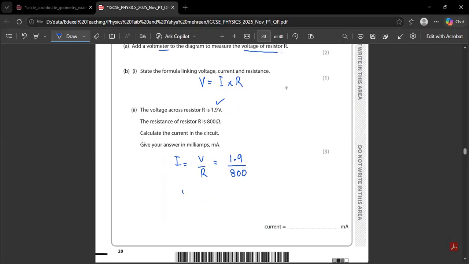Can you please tell me the answer, Marine? It's 2.35375 times 10 to the power of minus 3. So that means it's about 2.375 milliampere, right?